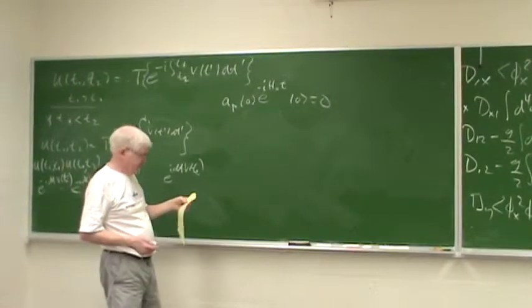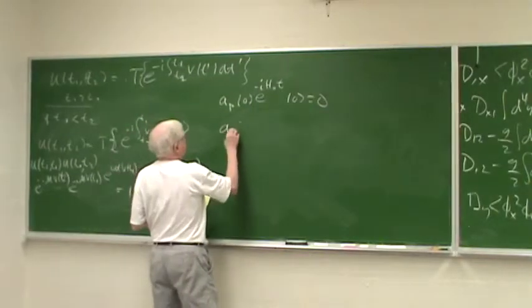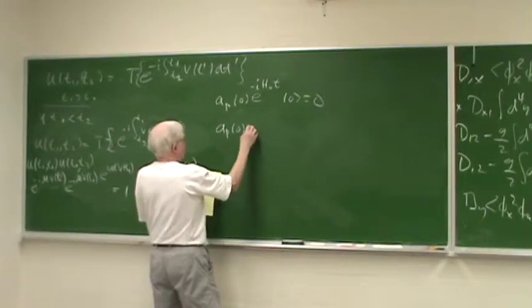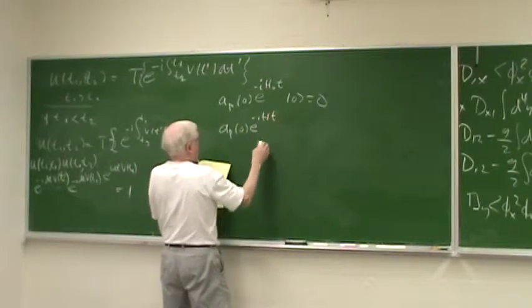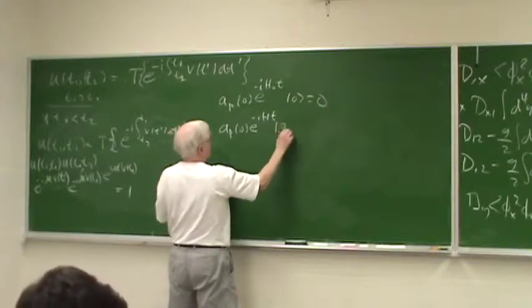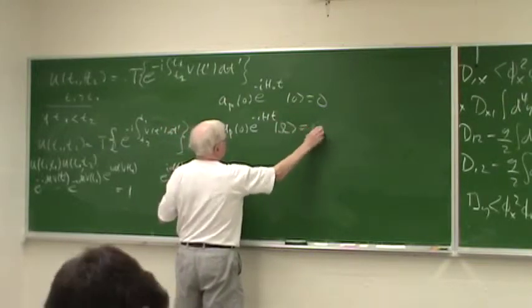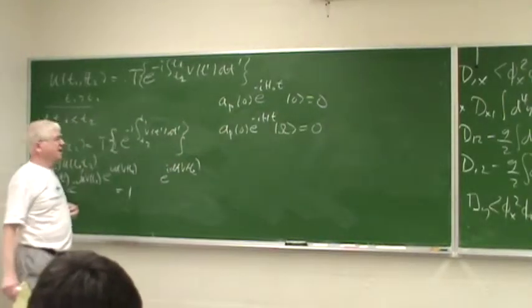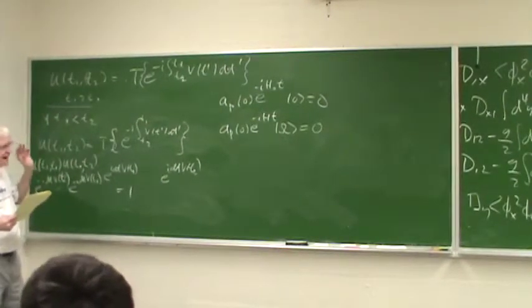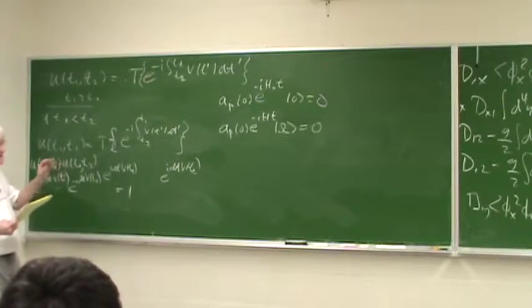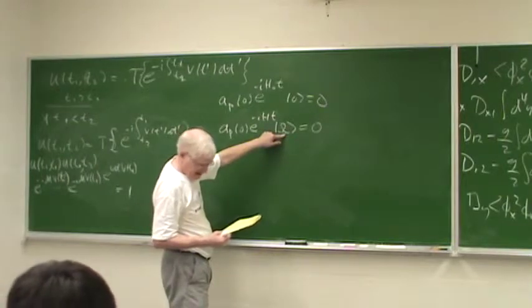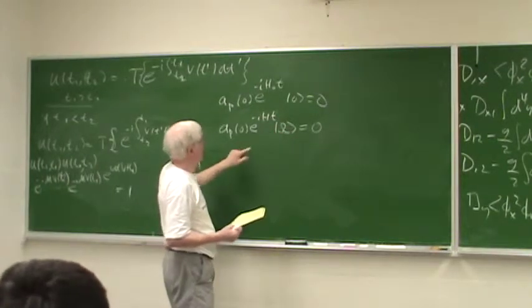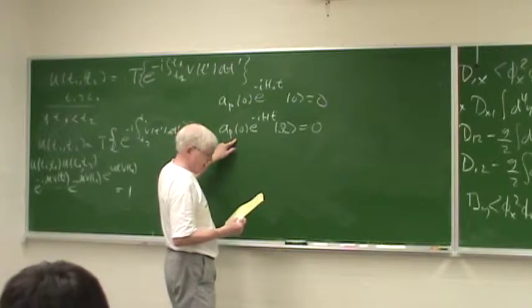On the other hand, we imagine that A_p of 0, if we time evolve it back, annihilates the interaction picture, not the interaction, it annihilates the full vacuum at negative times.